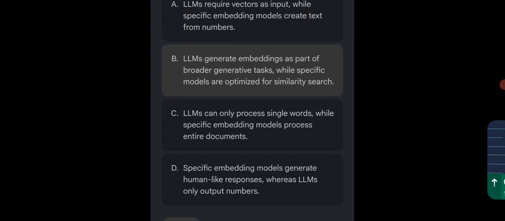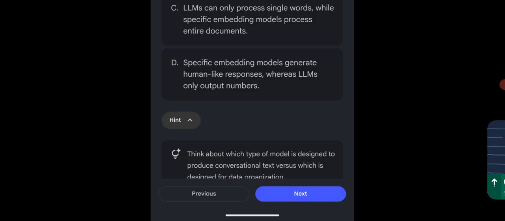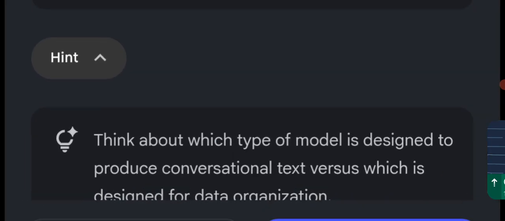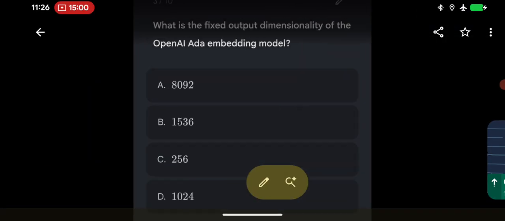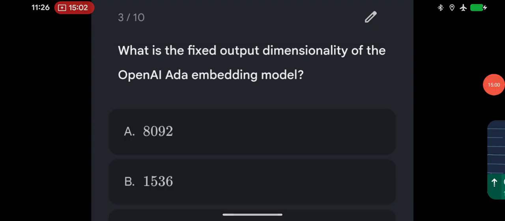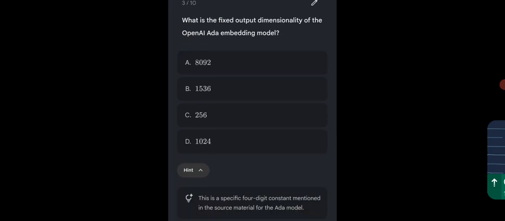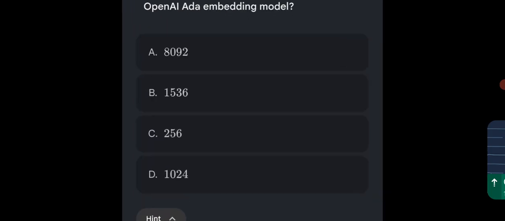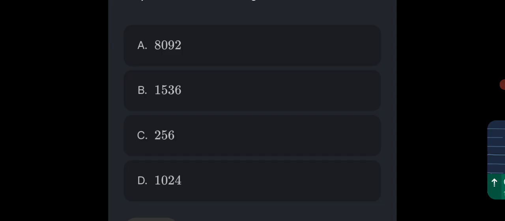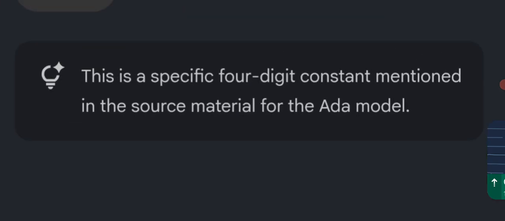Here are the four options, and here is the hint. Next question. What is the fixed output dimensionality of the OpenAI ADA embedding model? Here are the options, and here is the hint.